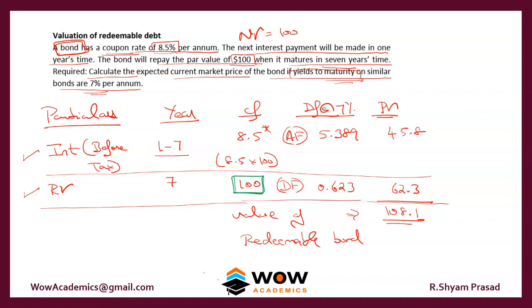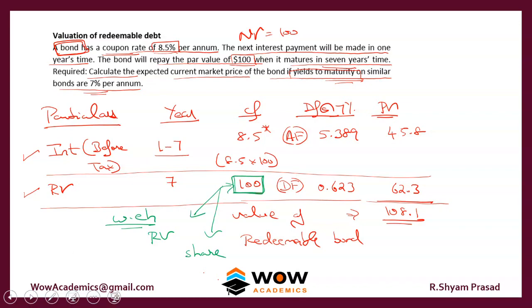Because in convertible debt you have an option. What is the option? Whichever is higher, in terms of the redeemable value or the share value, whichever is higher you can take, and that will be substituted here. Apart from that, there's no other difference between the valuation of a redeemable debt and a convertible debt.